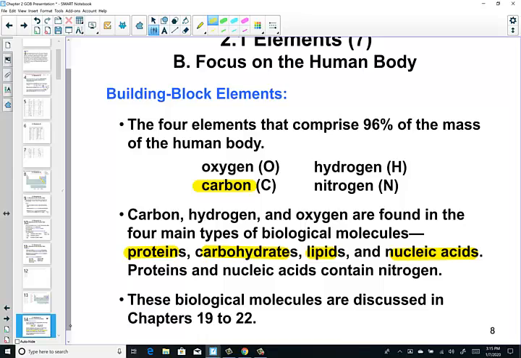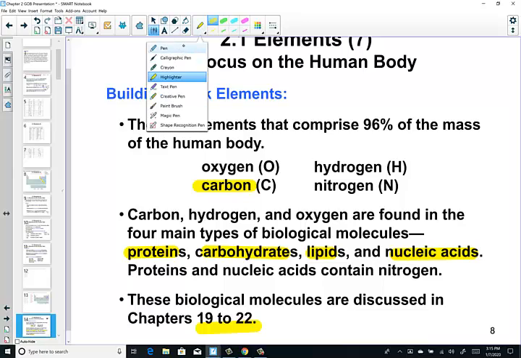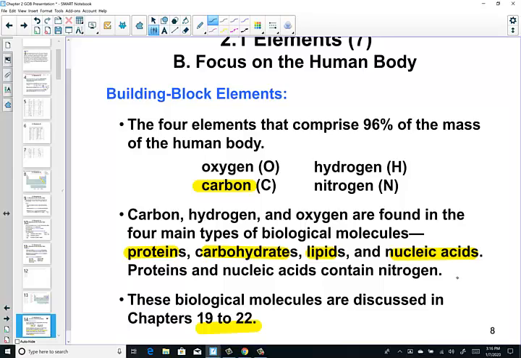All of these biological molecules will come out at the end of our semester, when we get to chapters 19 to 22. So thinking about the organization of our semester, chapters 11 through 18 focus on organic molecules.